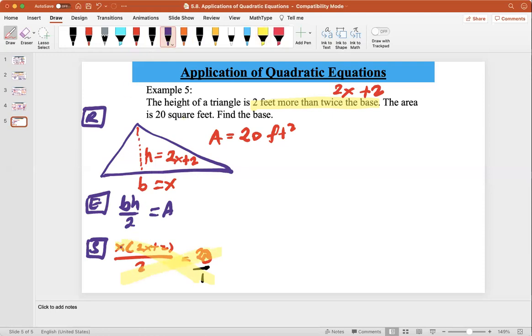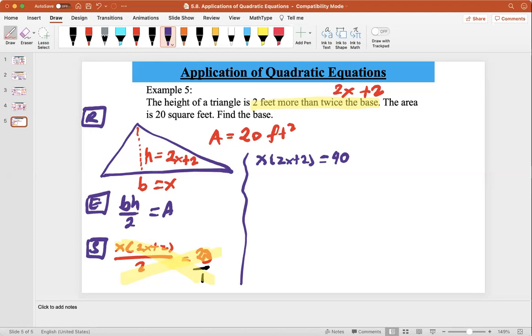X times 2x plus 2 times 1 is still x times 2x plus 2. And then 2 times 20, you'll have 40. So we have x times 2x plus 2 equals 40.